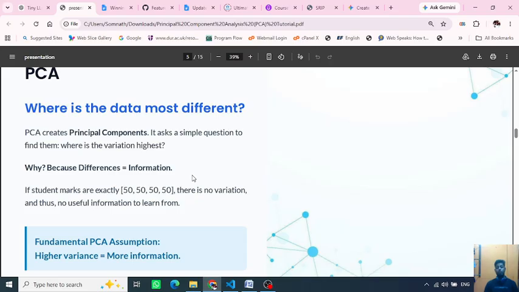No, because there is no variation. All students are in the same category, so there is no other information. It does not indicate the overall status, right?